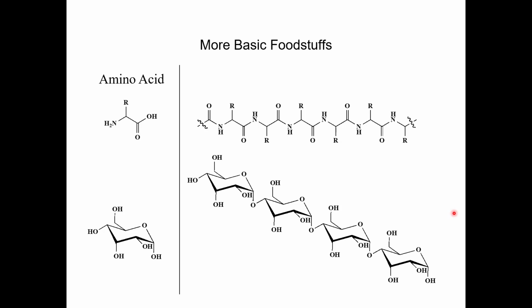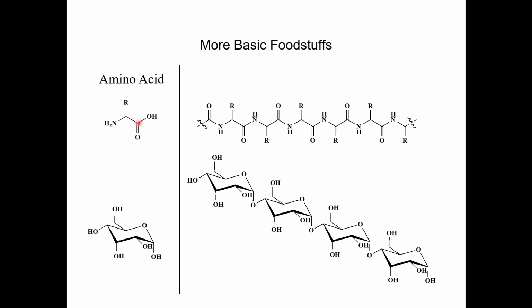So here are some more basic foodstuffs. So this first one is an amino acid. We talked about it a little bit, all right? So it's an amino acid because we've got this carboxylic acid functional group here, and then off to the side we also have that NH2 group, the amine group.